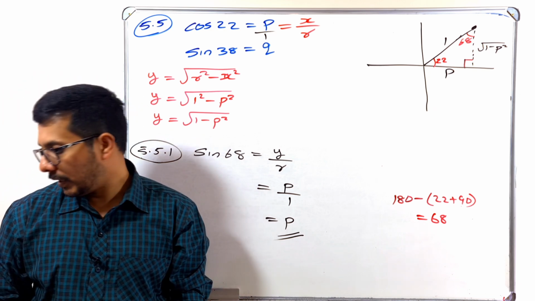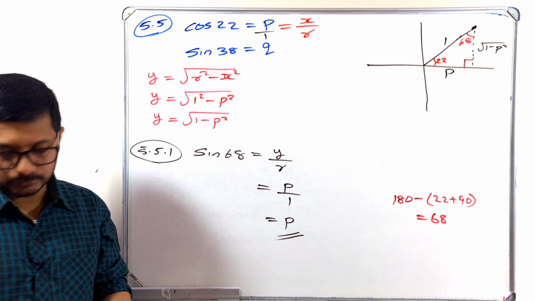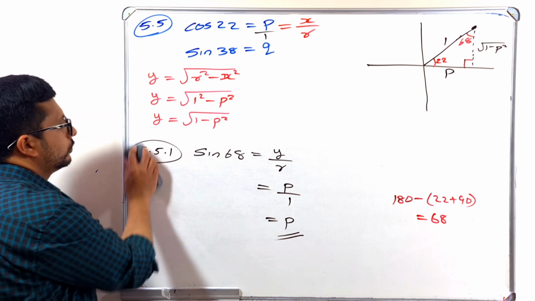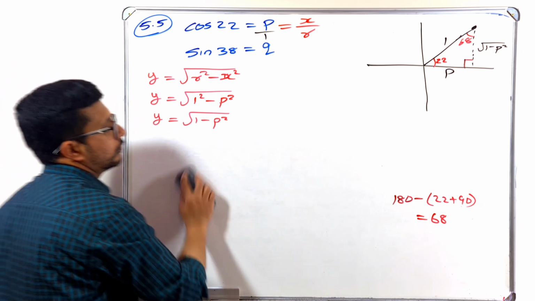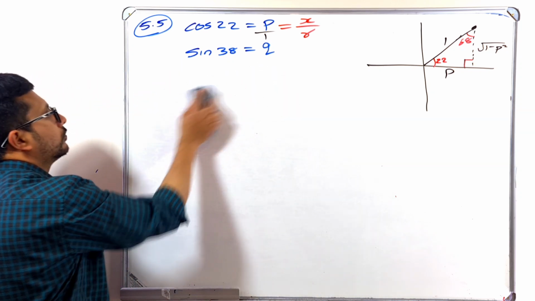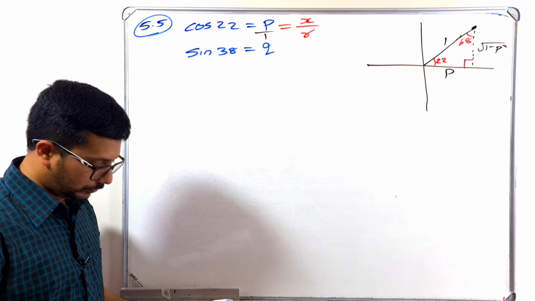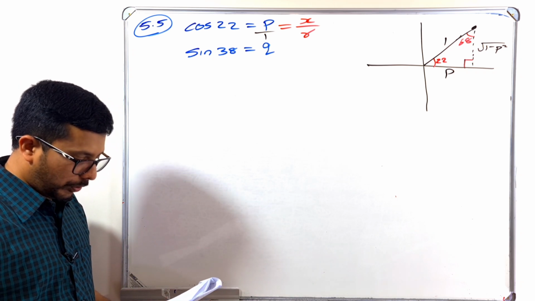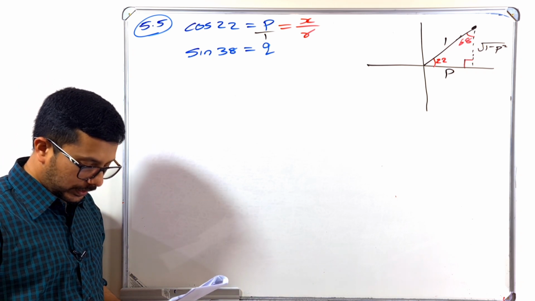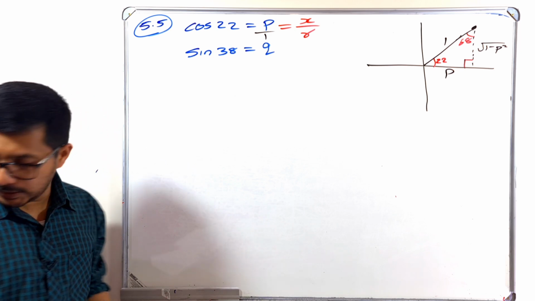Now let's move to the next question, question number 5.5.2. What is 5.5.2? Cos 16. You have to find the value of cos 16.